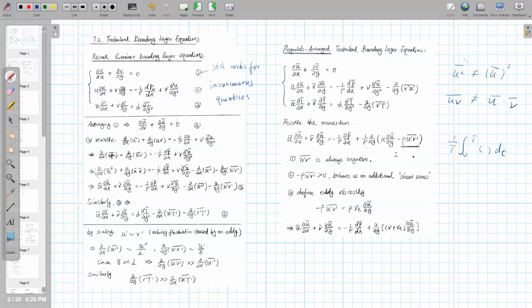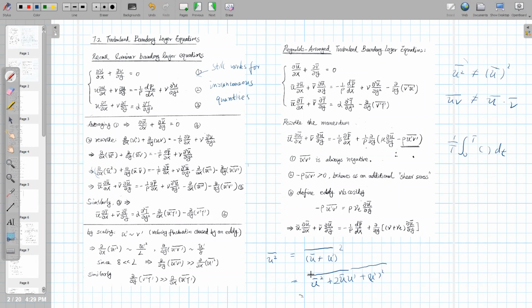Basically, you rewrite u as u bar plus u prime. So this u squared, you can write as u bar plus u prime, and do the square. It will give you u bar squared, plus 2 u bar u prime, plus u prime squared, all with the bar.